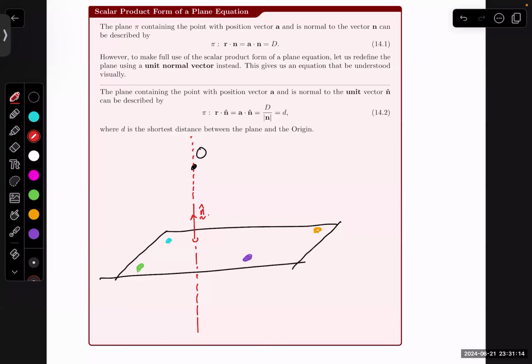Why do I draw all these points? Let's draw our position vectors of those points.